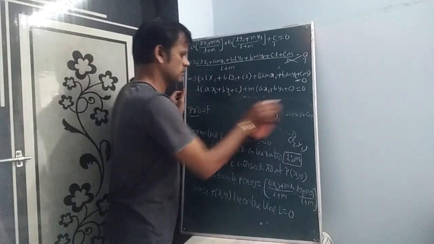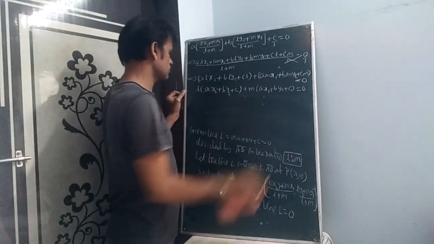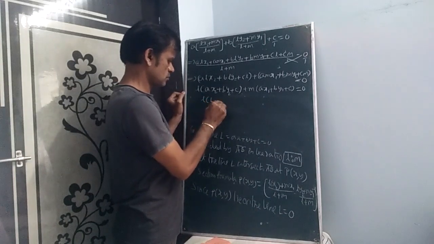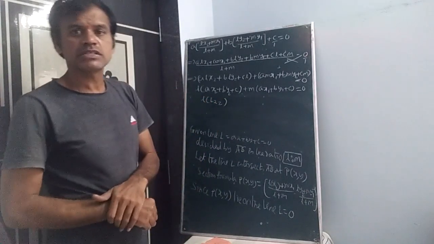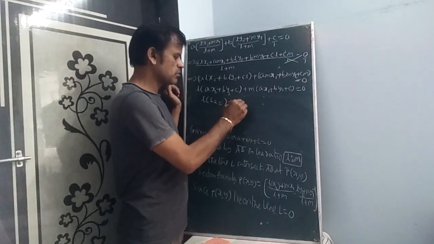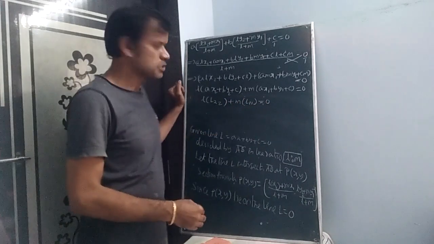Now write here as small l into capital L22 plus M into capital L11 equal to 0.